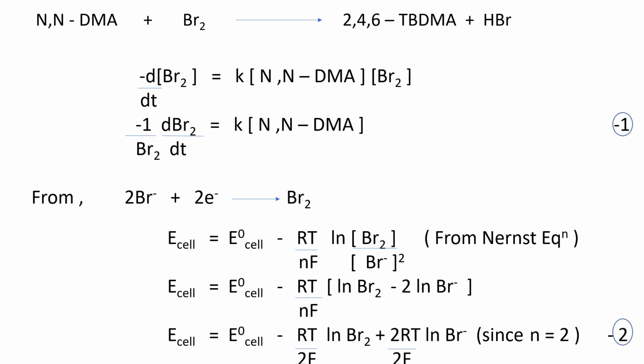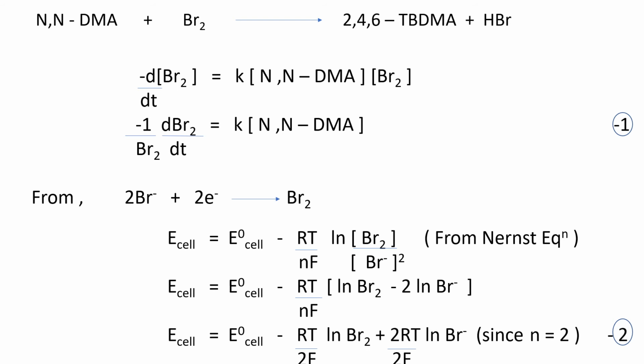So it is equal to K into the concentration of the reactants, right? So K into the concentration of N,N-dimethyl aniline and the concentration of bromine, that is Br2. As rate, you know that rate is proportional to the concentration, and rate is equal to the rate constant into the concentration.